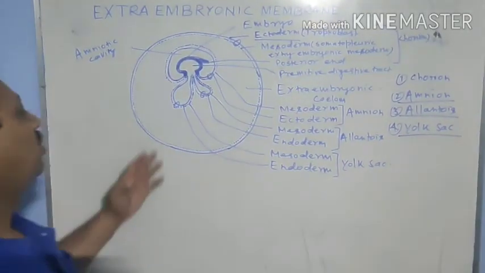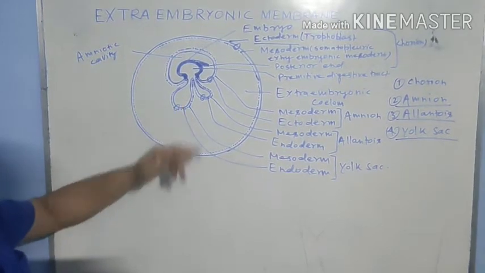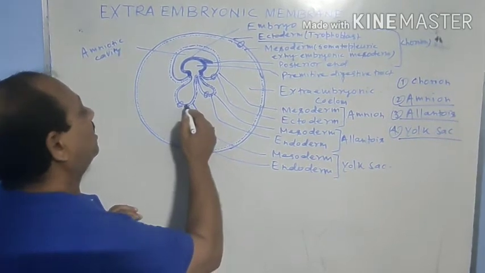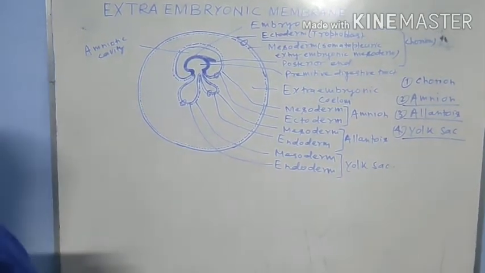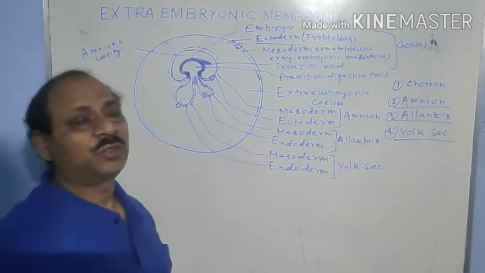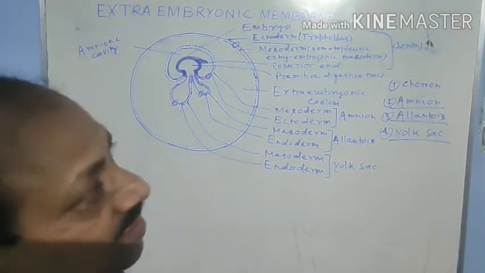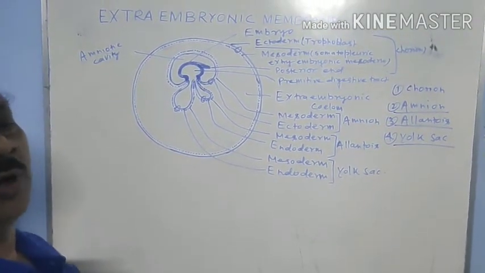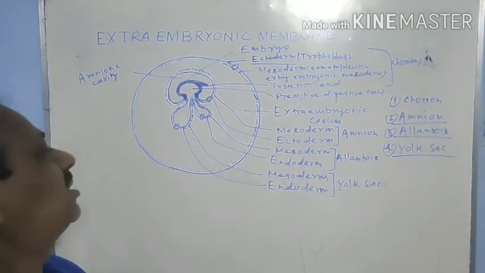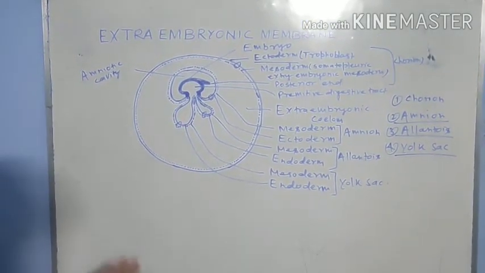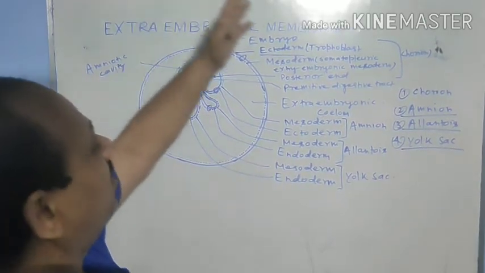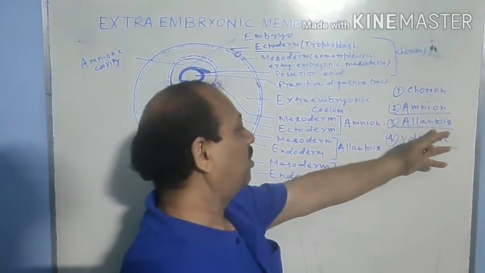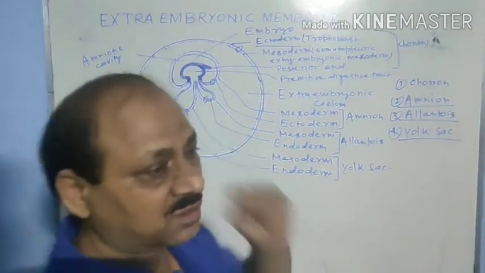It is also a sac-like structure, and it also consists of two layers, outer mesoderm and inner endoderm. It is also non-functional in humans, except that it functions as a site for the formation of RBCs in the earlier stage. So in this way, the extra embryonic membranes have been discussed. These membranes are chorion, amnion, allantois and yolk sac.